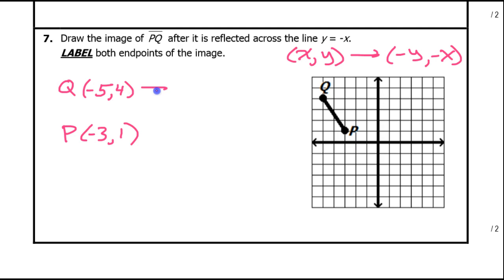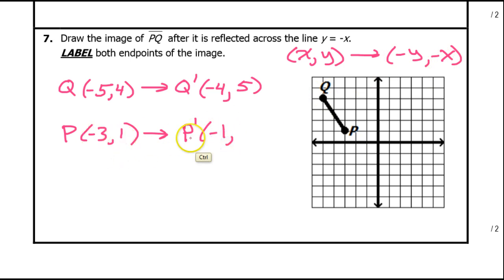Okay, so I'm going to use the rule to find Q prime. Opposite of y, opposite of x. The opposite of y will be -4. The opposite of x will be +5. P prime: opposite of y, opposite of x. The opposite of y is -1.